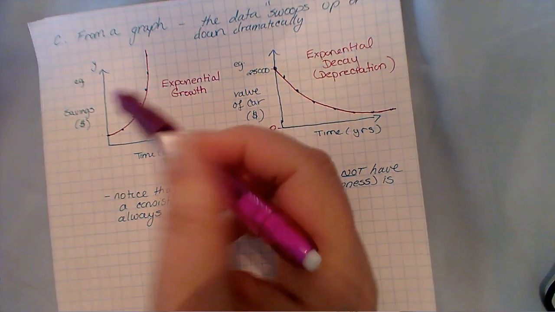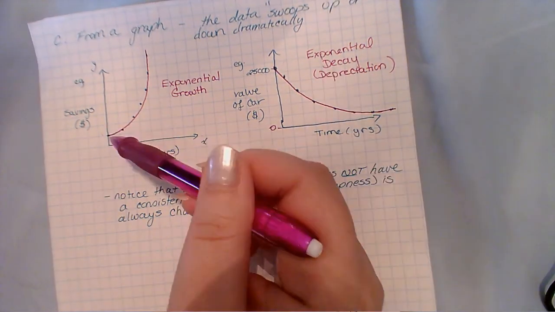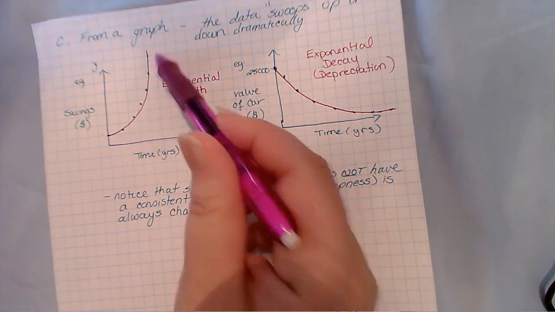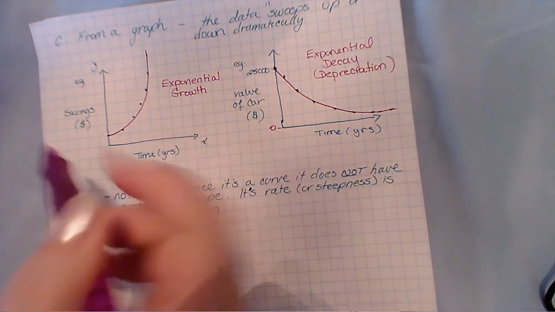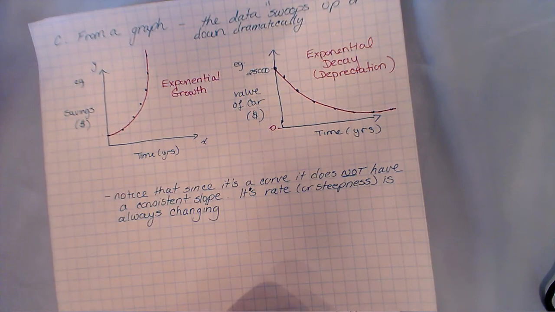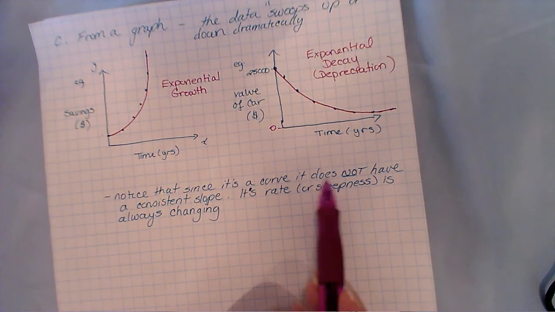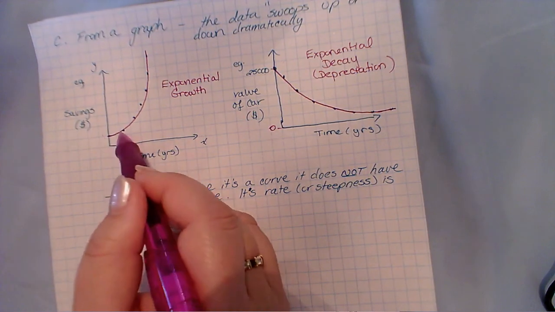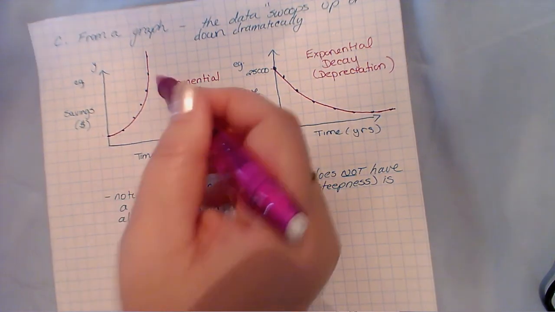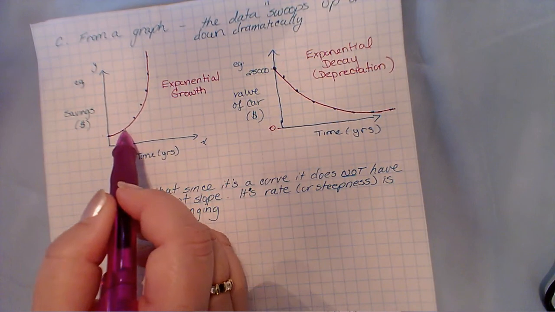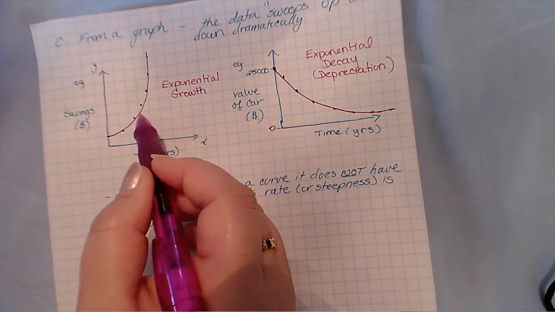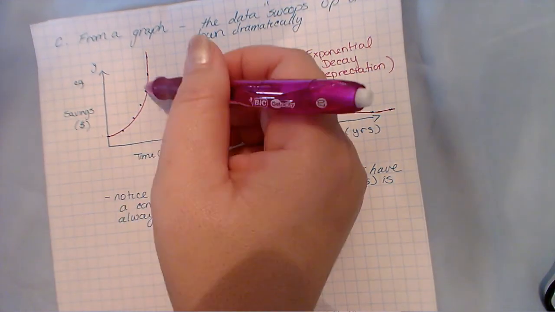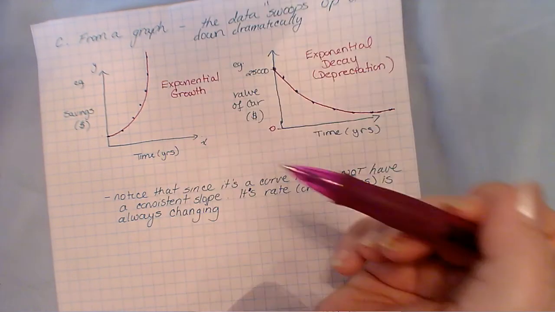So it's important to see that whether it's growth or decay, that the curve is increasing or decreasing, but it's not increasing by the same amount all the time through. So the curve does not have a constant slope or a consistent slope. Its steepness keeps changing. So we're not very steep here, and then we're a little bit steeper, but not that much, and then a little bit steeper, and then a little bit steeper, and then a lot steeper, and then super steep.